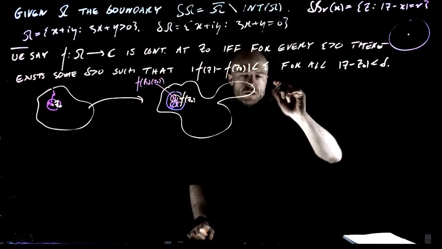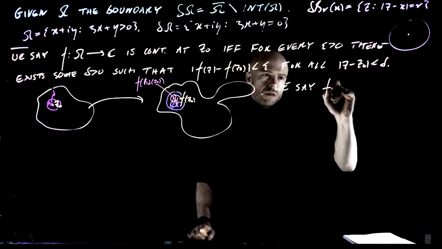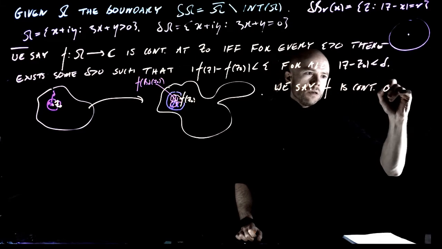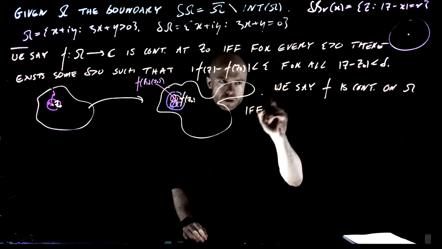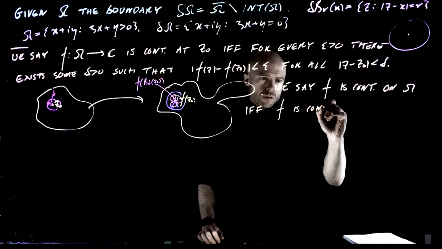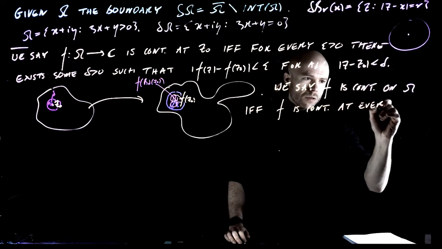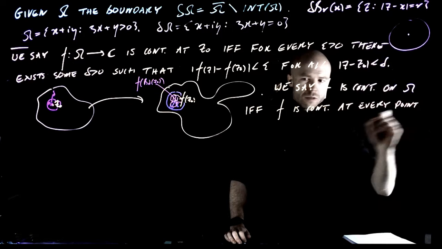We say f is continuous on omega if and only if f is continuous at every point on omega.